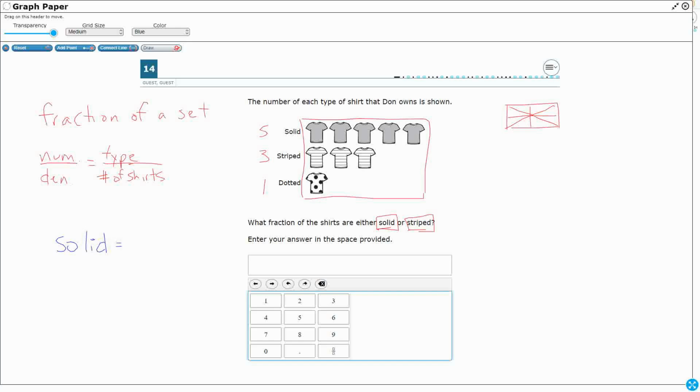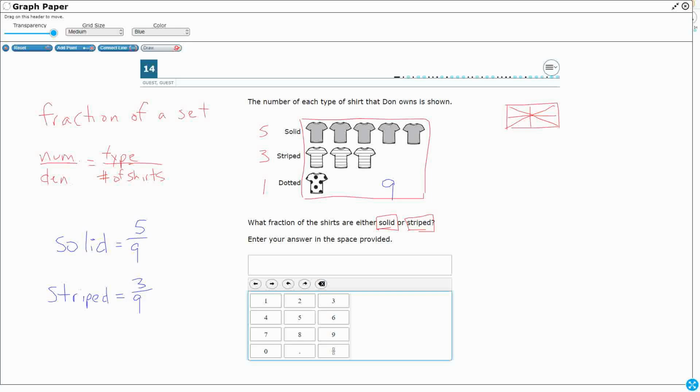Well, we've got 5 solids over how many total? Remember, the total was 9. If you put all the shirts together, that whole set, that's going to be our whole. We've got 5/9. And then we've got striped, 1, 2, 3, also out of 9.